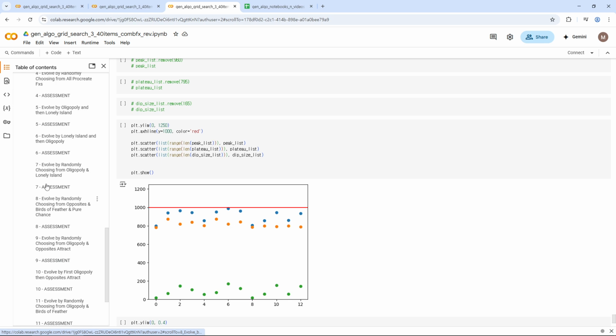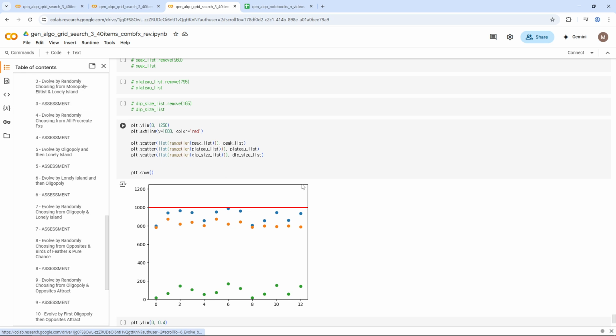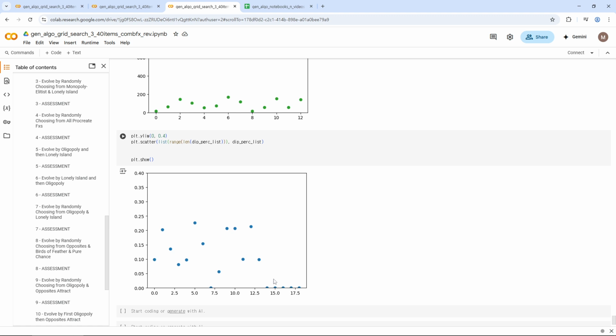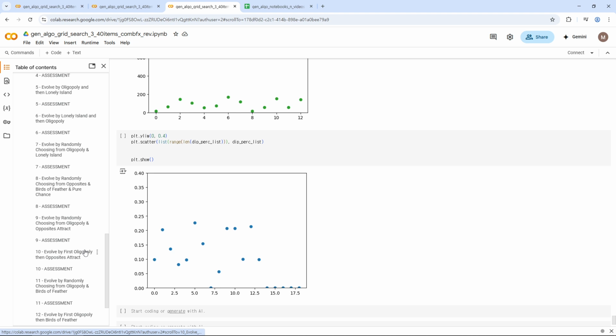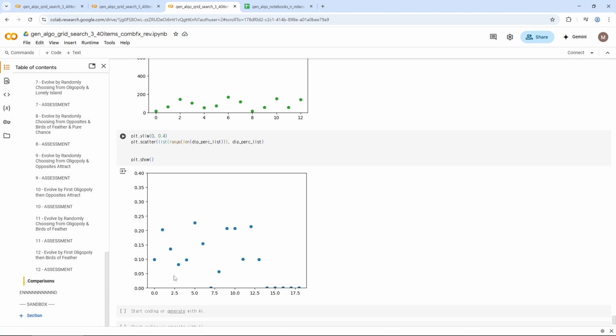And if you look here, this plot is for the dip percentage. The last 5 methods, or last 5 combinations, actually gave us very little dip percentage. 0.00 being 0% and 0.10 being 10%, so actually these are 2% or something.